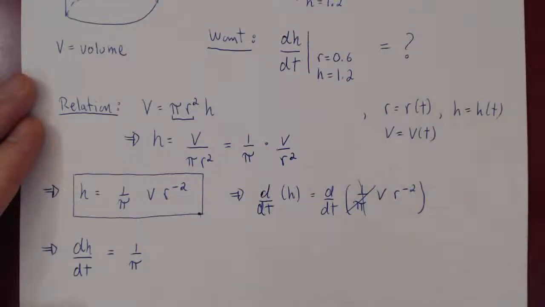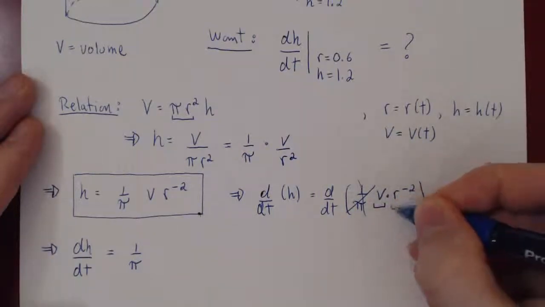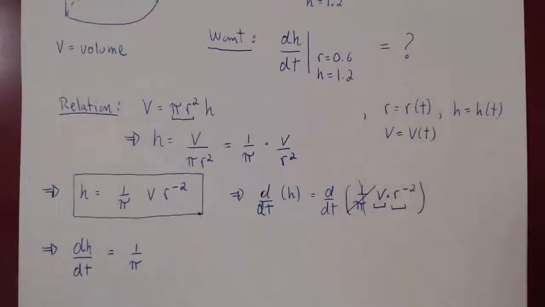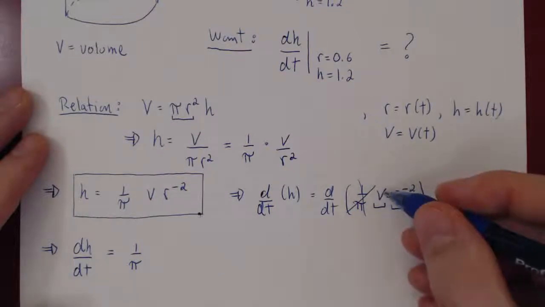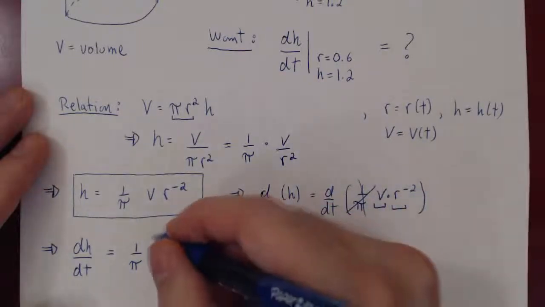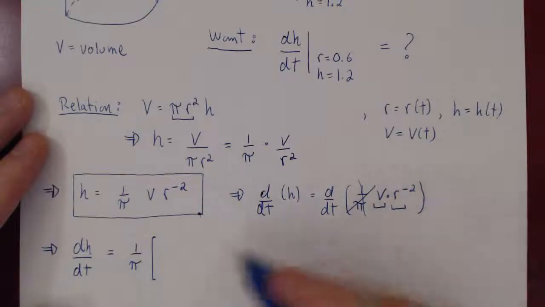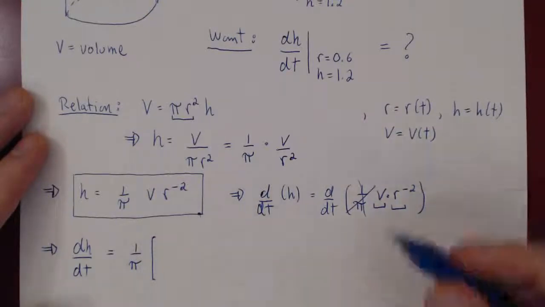Times, and here you have to be careful. This is v times r to the negative 2. So you have to use here the product rule. So the derivative of the first function with respect to t will give you dv over dt. And keep in mind that the 1 over pi multiplies the entire derivative of the expression. So make sure to open your brackets.